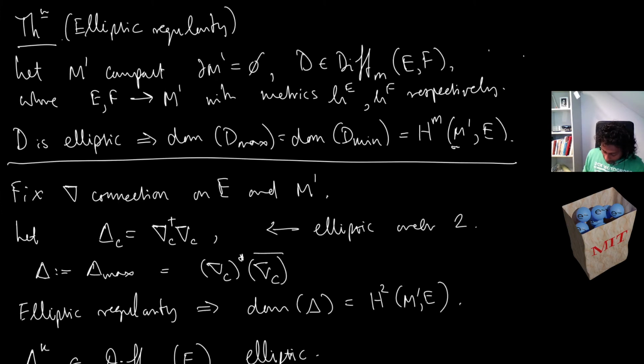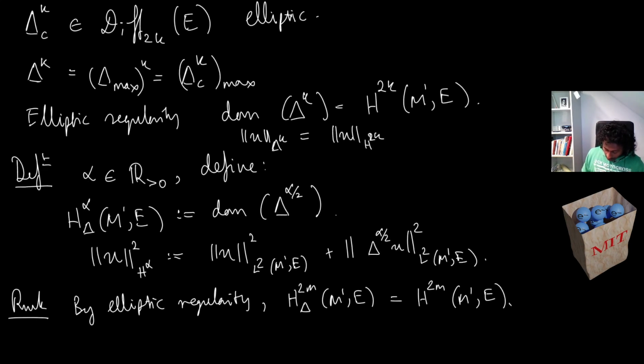Elliptic regularity isn't just saying that these are equal as sets, it's saying that the norms are equivalent. So at least at the integer scales here, the even order scales, we have an equivalence of norms.